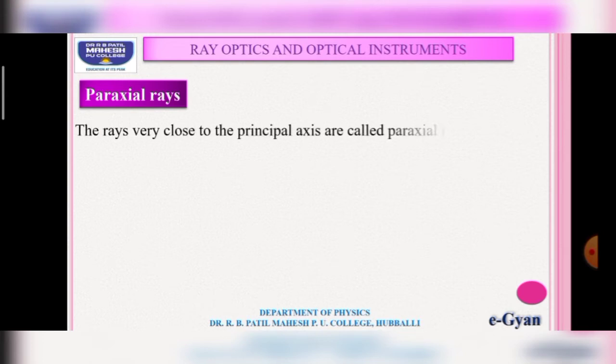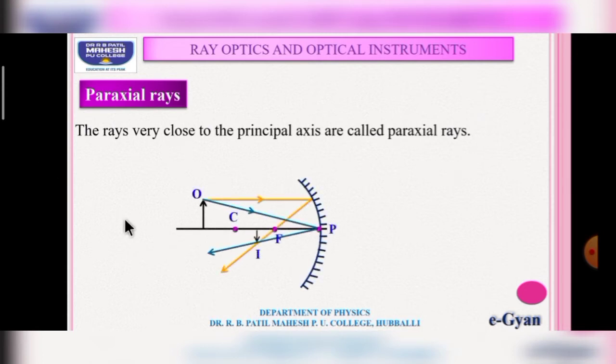Next, let us see what paraxial rays are. Already we know the definition of a ray. A ray is nothing but the representation of the path travelled by light. Paraxial rays are the rays which are very close to the principal axis and which make a very small angle with the principal axis.